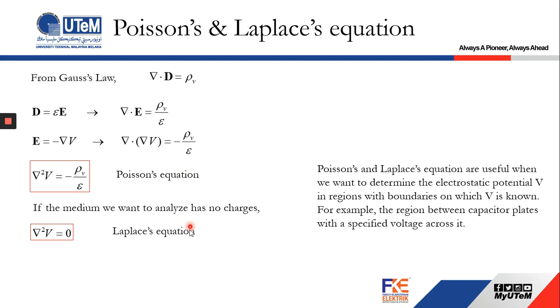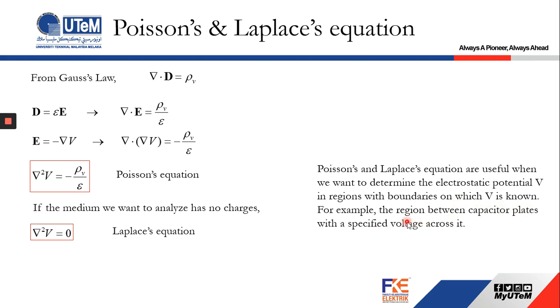So what is the significance of these two equations? For the moment, we are going to skip on how to use this equation. But as general knowledge, Poisson's and Laplace equation are useful when we want to determine the electrostatic potential V in regions with boundaries on which V is known.